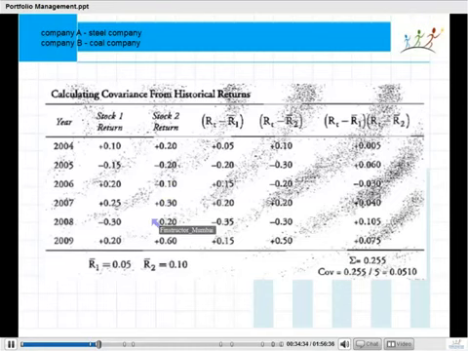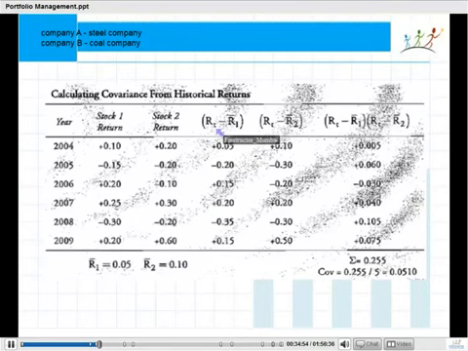So on and so forth. First, let's compute the mean of A, that is sum them up and divide it by 6, it will come out to be 5%. Take the mean of B, that is sum all the values of B and divide by 6, so the return on B comes out to be 10%.